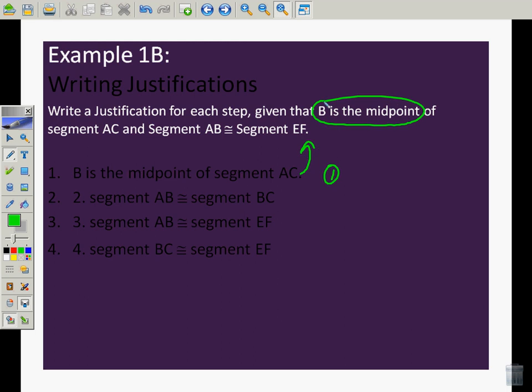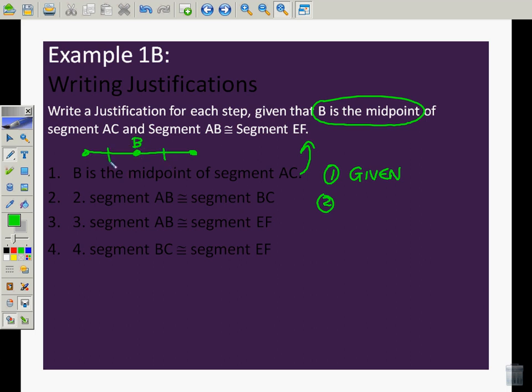Let's look at 2. Number 2, segment AB is congruent to segment BC. Why can I say this? Well, let's look. B is the midpoint of segment AC. I'm going to draw a picture here. So this is B, and because it's the midpoint, we know that those two sides are the same.